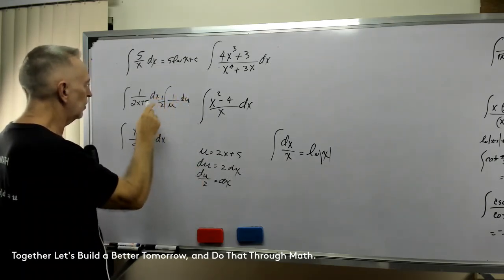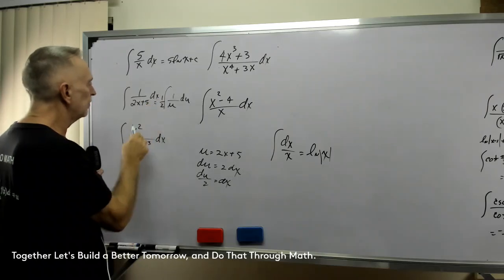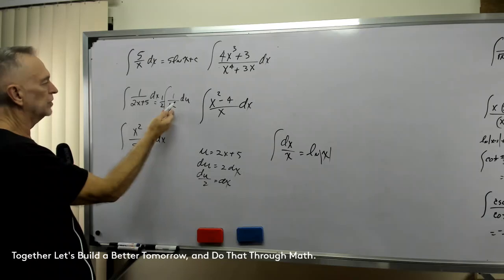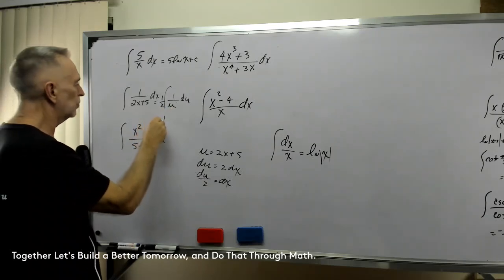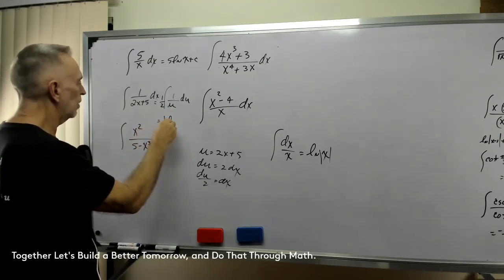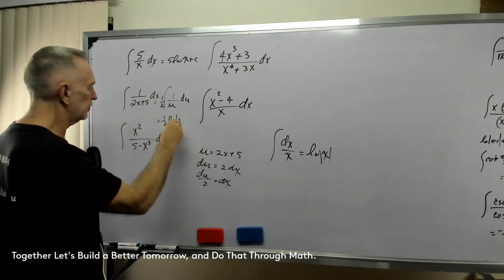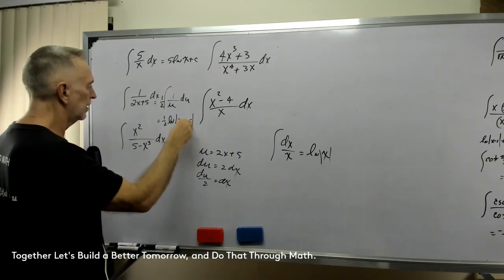So I'm going to put that 1/2 outside here. So what do we have now? The derivative of a function over the function. So that equals 1/2 the natural log of u, which is 2x plus 5, plus c.